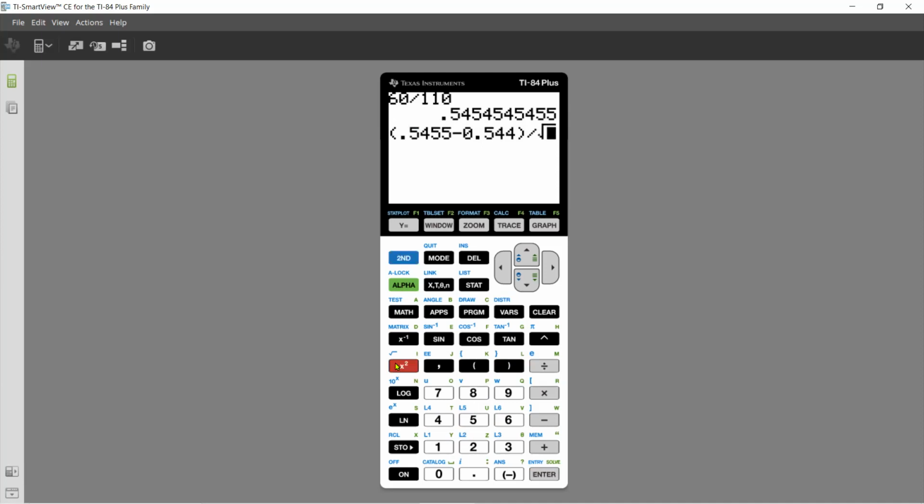There it is. And under the square root, I want 0.544 times 1 minus 0.544, close parenthesis, divided by 110. So I was supposed to go back to the beginning of the calculator.